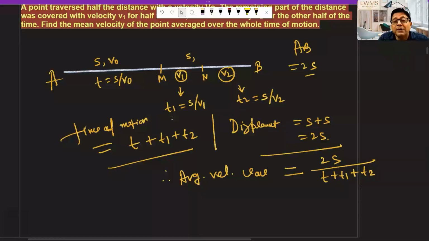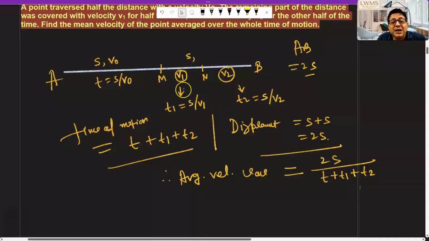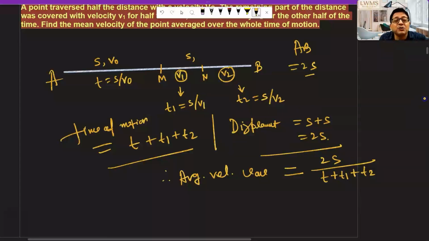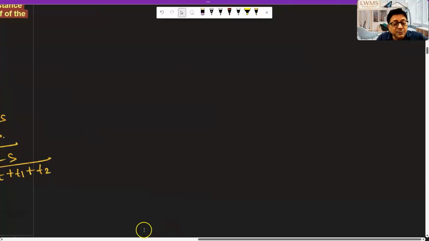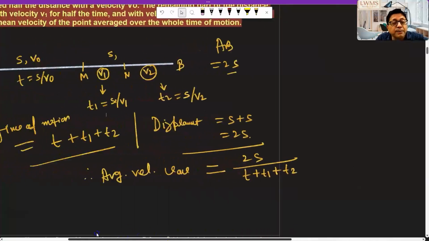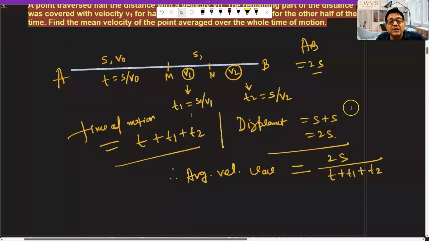But there is a problem here, which I did not mention: I have taken s by v1, and this is not true. It is s1 by v1. s1 stands for what? Because they have given half the distance. The total distance is half. So if this portion is s1 and this portion is s2, then the time will be s1 by v1 and s2 by v2.